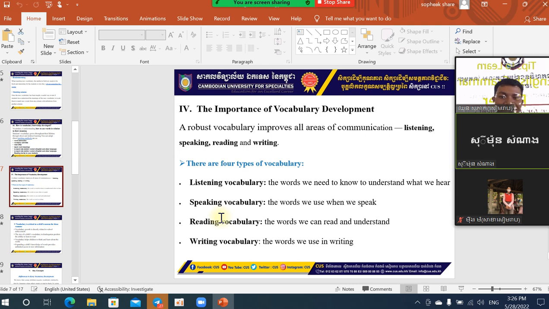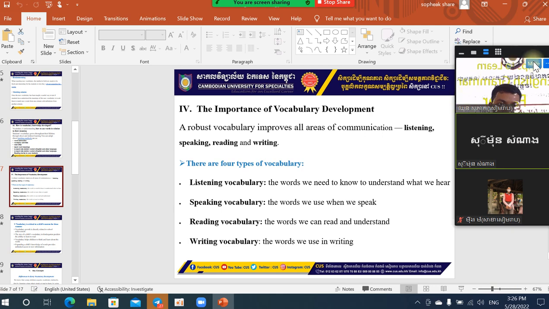And vocabulary is critical to a child's success for these reasons. So we have 4 reasons. The first is vocabulary growth is directly related to school achievement.